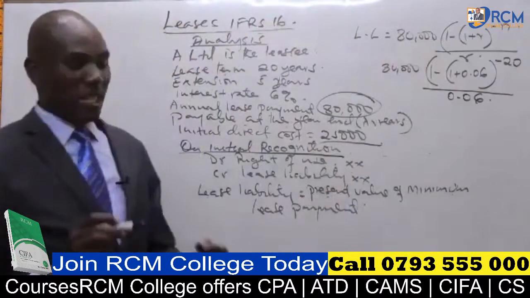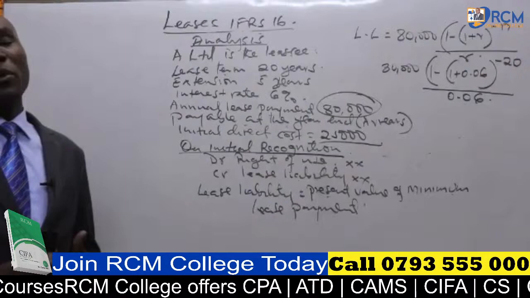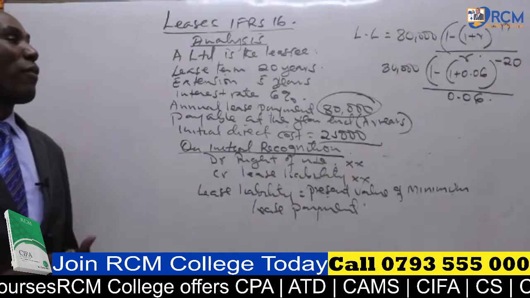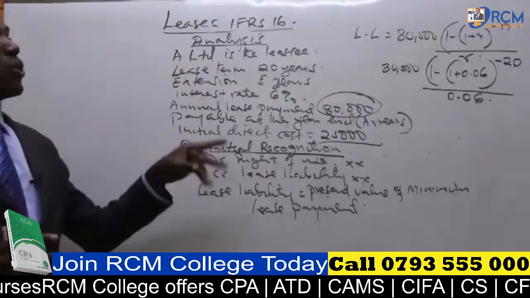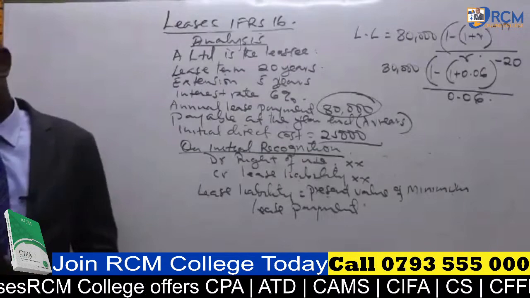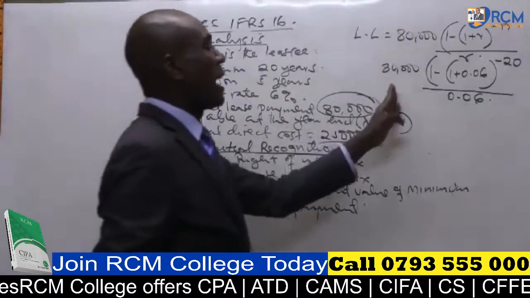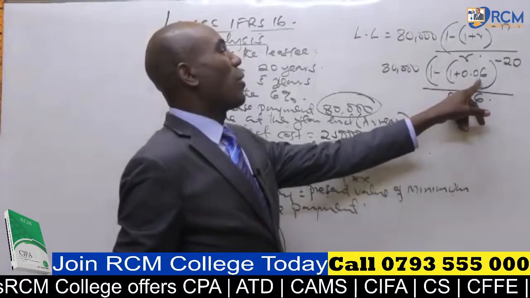That is how we discount an annuity to get its present value: 1 minus (1 plus R) raised to negative N, divided by R.